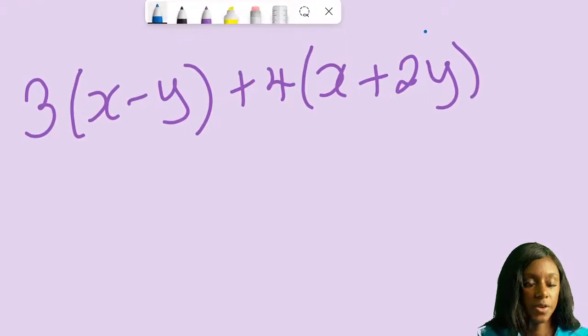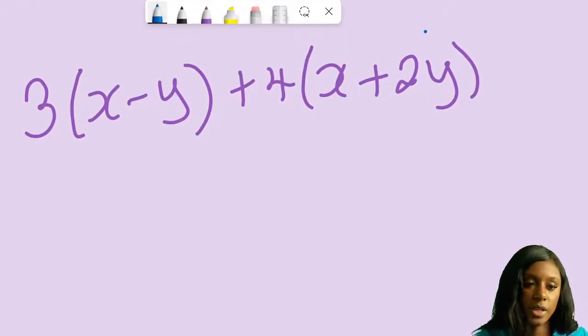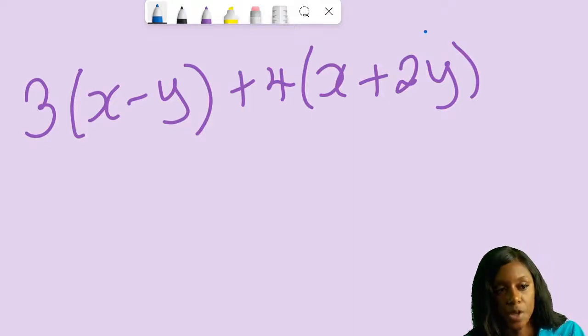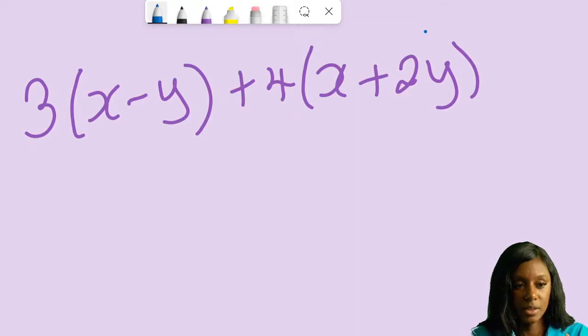So we have here, let me bring this down, 3 outside of x minus y plus 4 outside of x plus 2y. So you have the number outside the brackets, the terms inside the brackets, the variables are different. So we cannot add or subtract x and y because the variables are different.